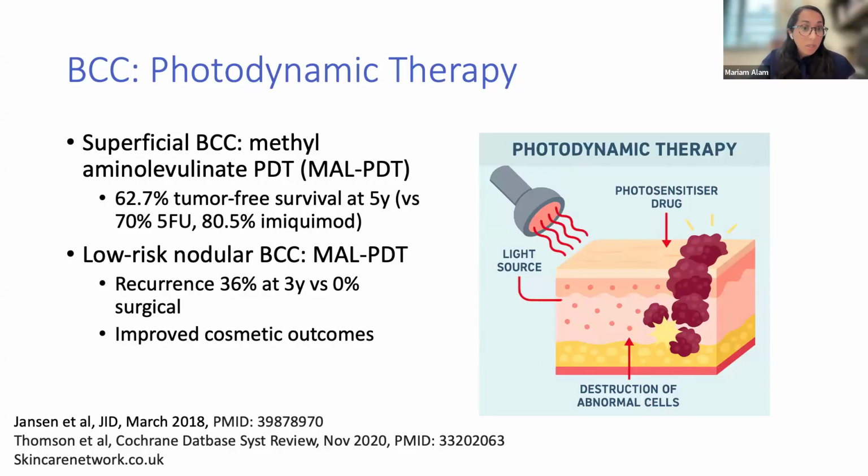Does it work best for them to come in twice and have a light shine at them and have some irritation for those 2 weeks? Or does it work best for them to come in for a big surgery? And I think it really just has to be a discussion with the patient. I think with a lot of these patients, their basal cell is not what's going to kill them, right? They have all these other medical problems going on. And so just figuring out what works best for them in their lives is, I think, the best strategy.